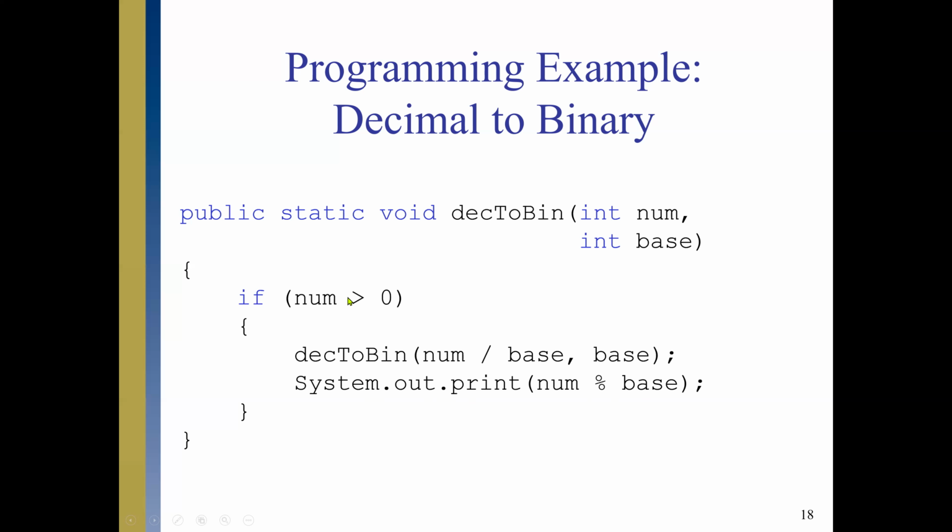Then next we check. If this condition is true, we divide and take the remainder. So we'll have 1. Is 1 greater than 0? Yes. When we divide 1 by the base 2, the answer is 0, remainder 1. So we print it. Now, is 0 greater than 0? No, so we stop there. So we print our 101.